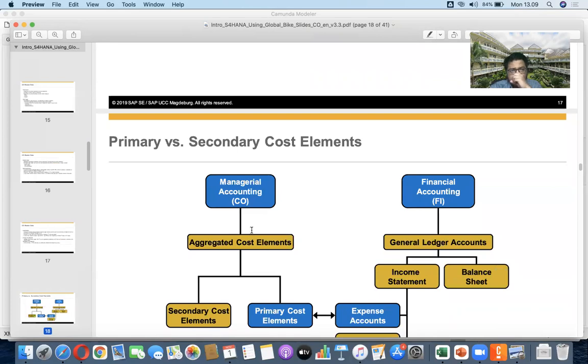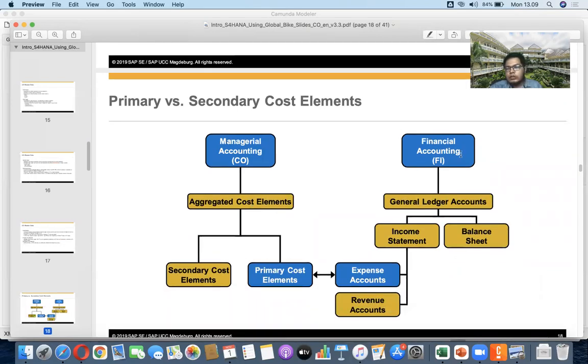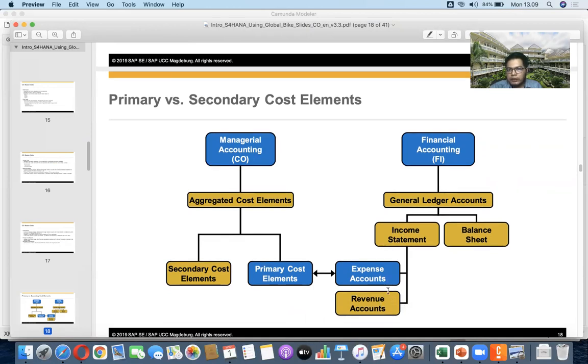As you can see here, this is the financial module that we already talked about. We have the general ledger accounts from which we can generate the income statement and balance sheet. From the income statement we get the net profit. How do we generate net profit? It comes from the revenue account and the expense account, right?